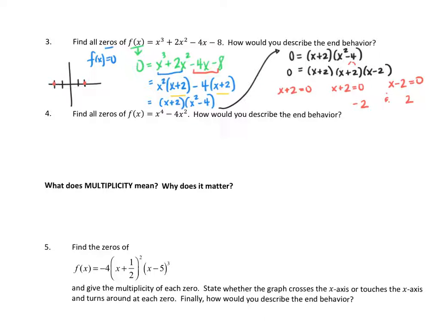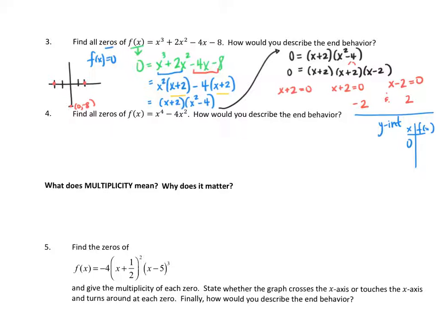I always encourage you for another point to use your y-intercept because you can just plug that in when x is 0, and most of you should be able to do that in your head. It would be negative 8. So those are at least 3 points that I know are going to be on the graph.